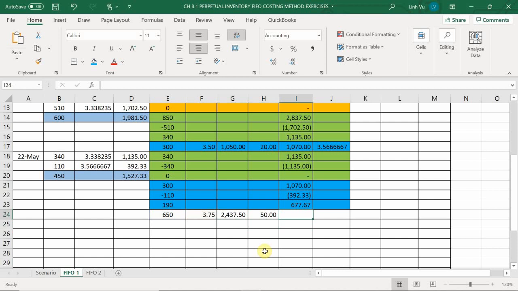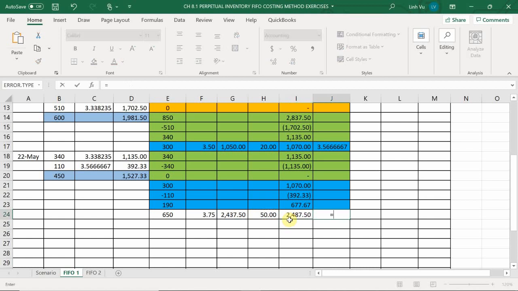Good. And then add your $50 freight to give you a total cost of $2,487.50, which brings my cost per item to be 3.82692308.